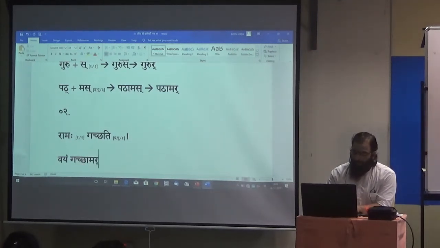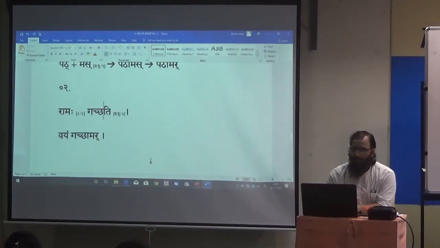Vayam gachamas. The previous example you see, patamas. So gachamas becomes gachamar. Padanta Sakara becomes Repa. So Vayam gachamar only.